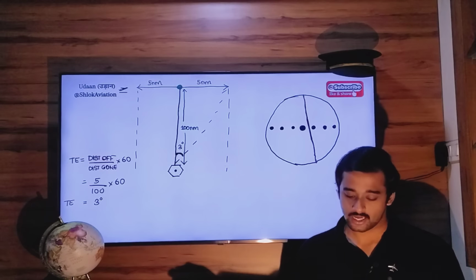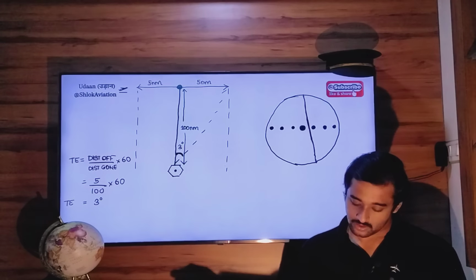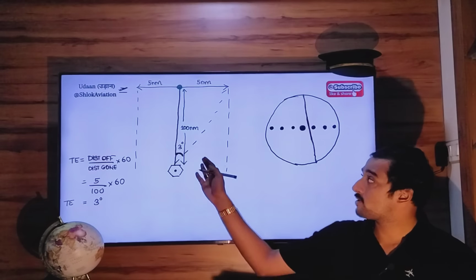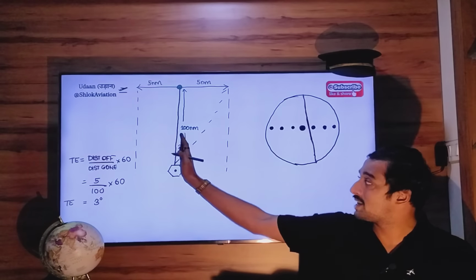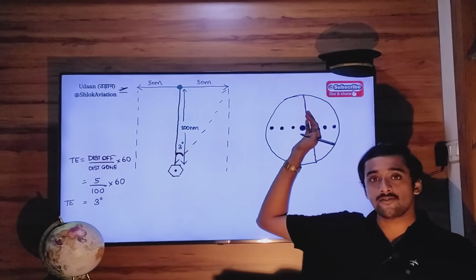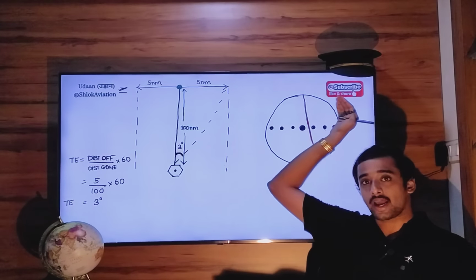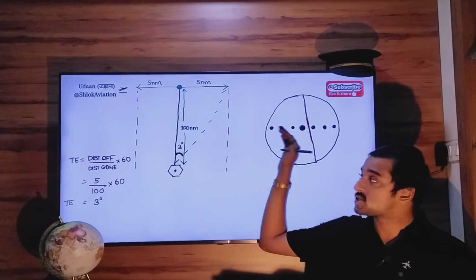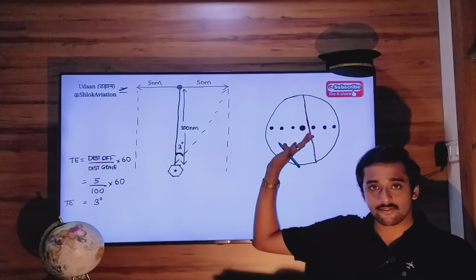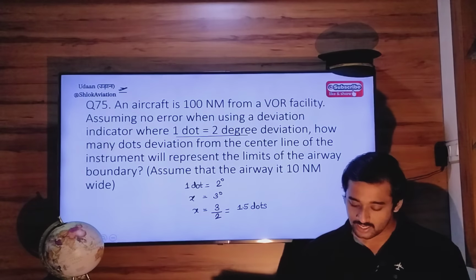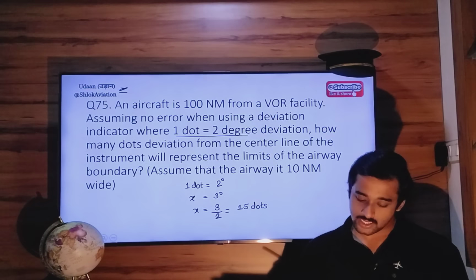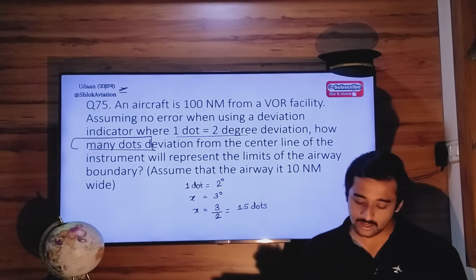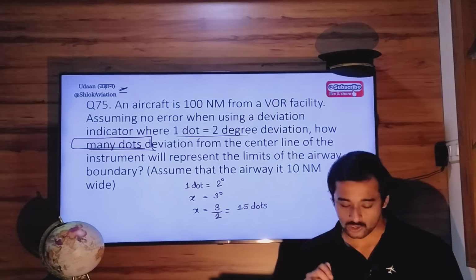This will be the indication shown to you. Okay. If you get deviated to the left hand side, the needle will give the solution fly right. If you get deviated to the right hand side, the indication will be fly left, so it will move to the left hand side. But in either direction, the question asks how many dots. So how many dots will it be, left or right? 1.5 dots.